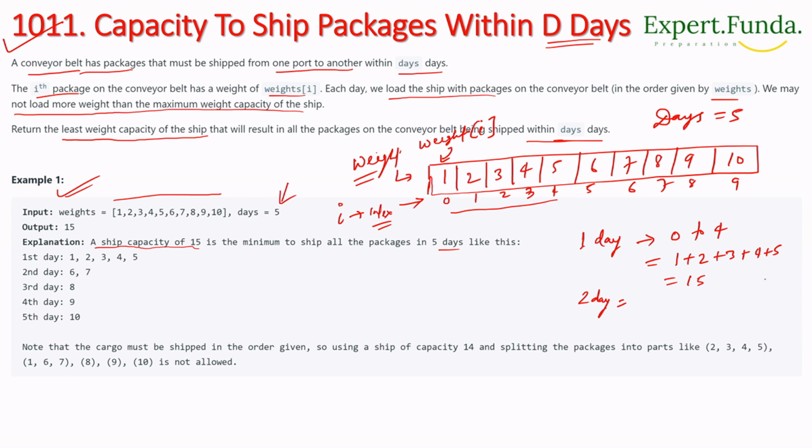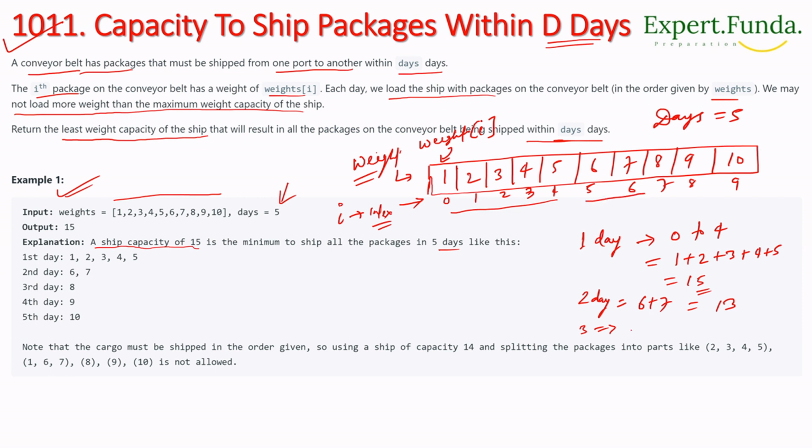So on the first day we got 15, using capacity 1 to 5. Next day we have 6 and 7, so we add 6 and 7 and it becomes 13, which is also fine. This is done. Now on the third day we will have 8 plus 9.